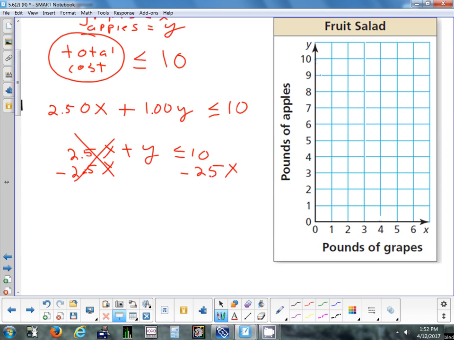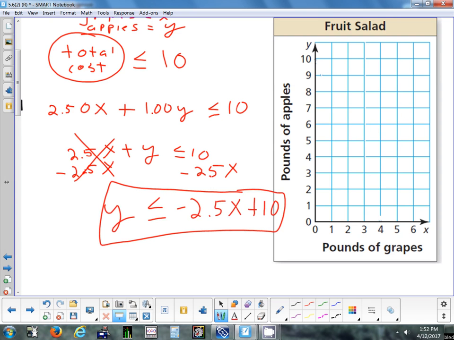That's gone. And Marissa, can you tell me what you get? Plus 10. Perfect. As far as writing the equation part, that's all you have to do. I'd give you half credit for that. But now graphing it, you're probably better off to rearrange it.